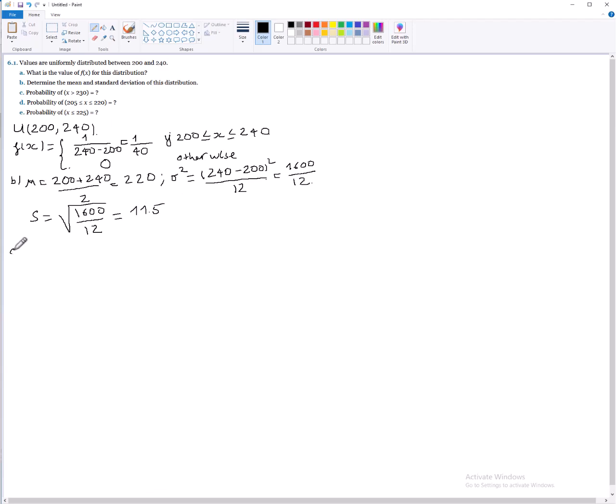For part C, you want to find the probability, right, that x is more than 230. So it could be any value here, but in this case it's 230.